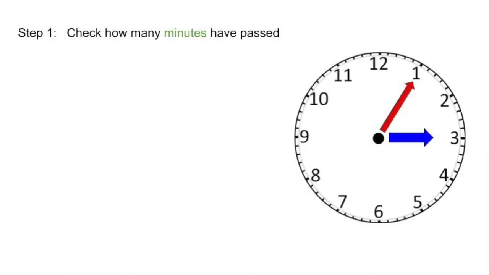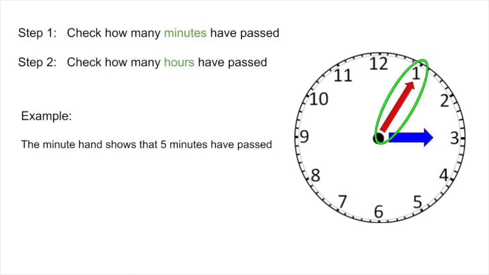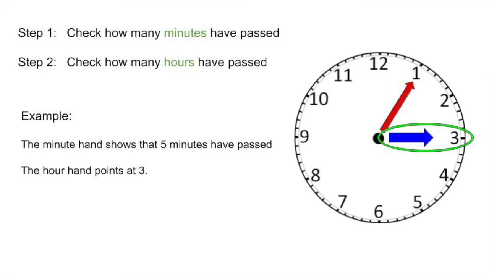But how can we tell the time? Let's say we have this time. First, I would tell about the minutes, and then about the hours. The minute hand shows us that 5 minutes have passed, and the hour hand points at 3.